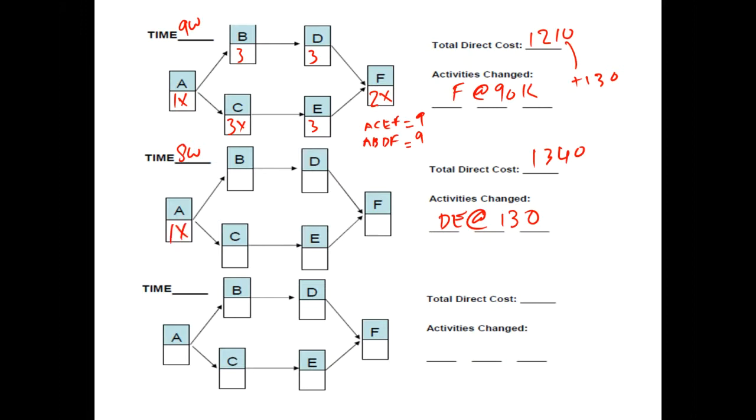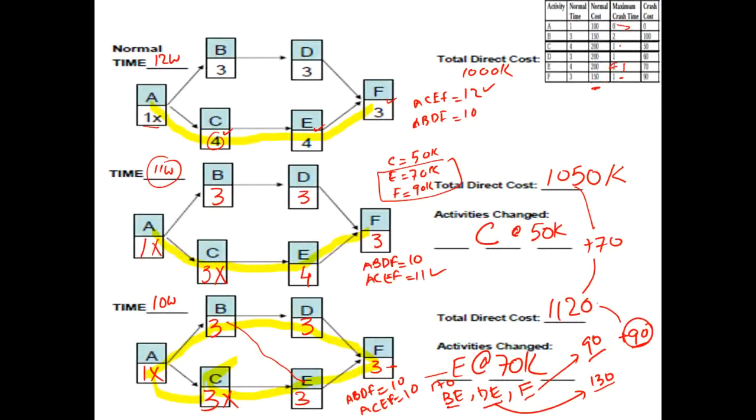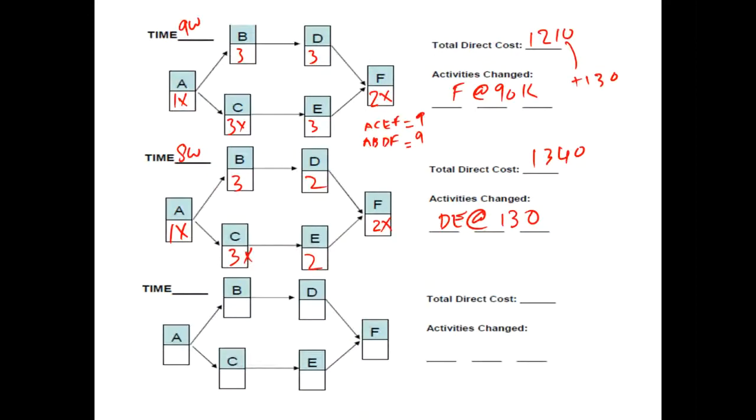The rest of the table remains the same, and with D I will be putting 2, and with E I will be putting 2 as well, and D and E again, they could only be crashed once, which we have already done. So I have to put a cross here as well, indicating that this activity cannot be further crashed.